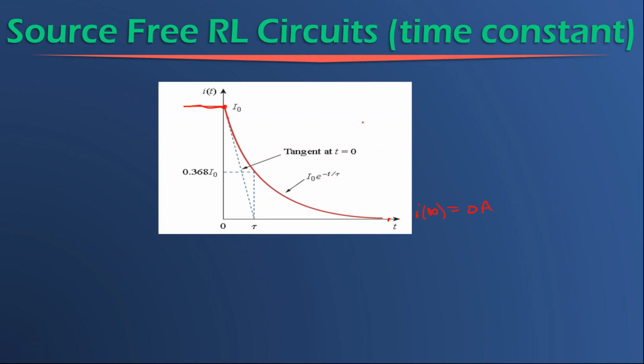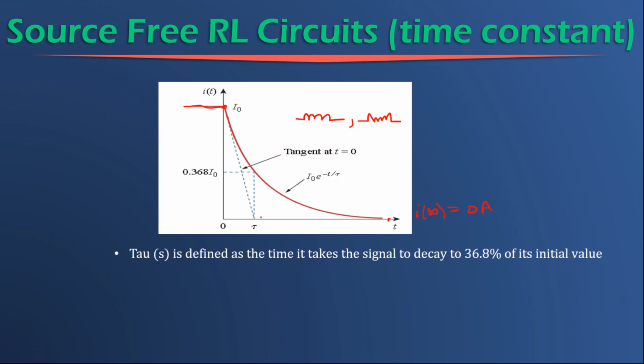As we indicated before, this must be dependent on the charging or discharging element. In this case, it will be dependent on the inductor as well as the resistor that will be connected. So we define again tau, which is the time it takes for the signal to decay to 36.8% of its initial value.